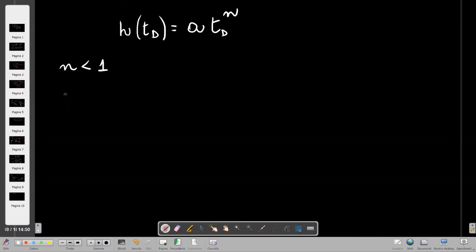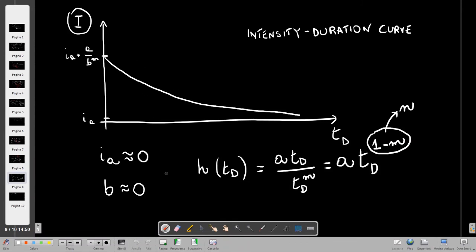Indeed, we know, if we look here, if we have this relationship, the intensity as a function of the duration is equal to a Td power n minus 1. I mean h over the duration. So h is a Td power n over the duration, minus 1.